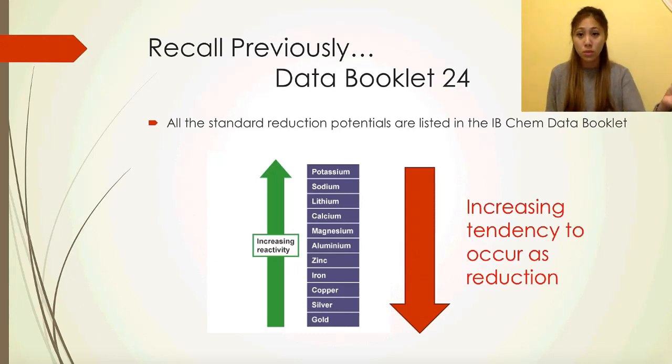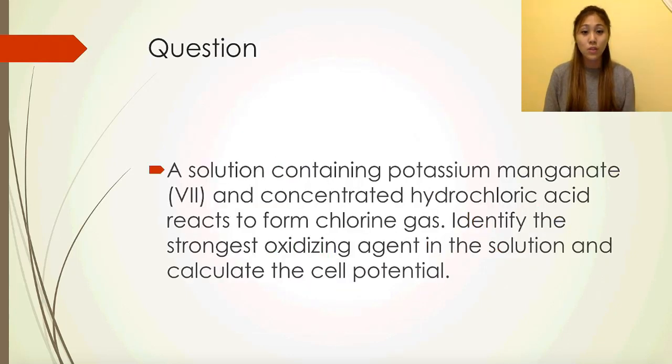So the oxidizing agent strength increases going up with more positive values, and the reducing agents increase as you go down. As it becomes more negative, it increases in the strength of the reducing agent, which means it's becoming oxidized a lot easier going down. Now let's try this next question.